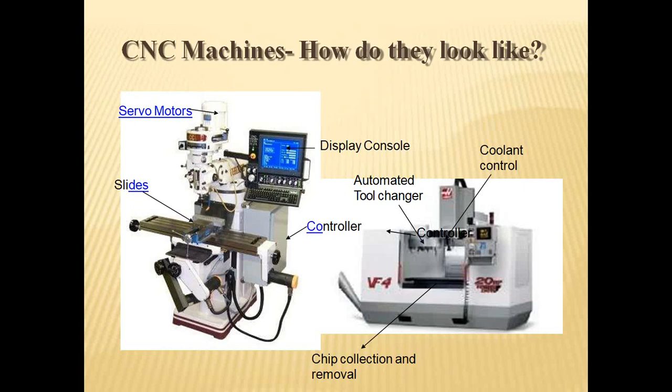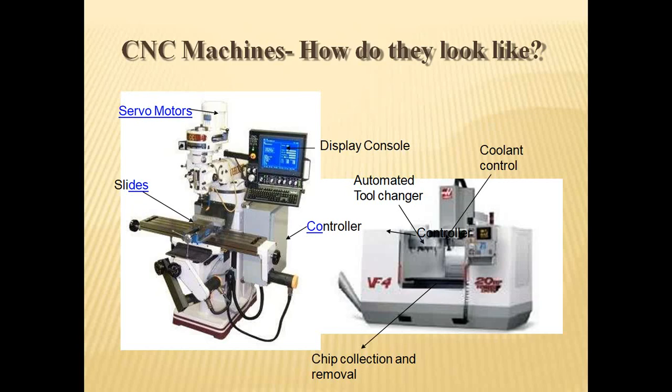Here you can see a keyboard and a display console. With the help of this keyboard, we enter a computer numerical program which is displayed on the display console. Later this display console is connected to a machine control unit.